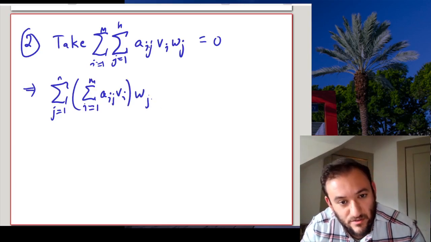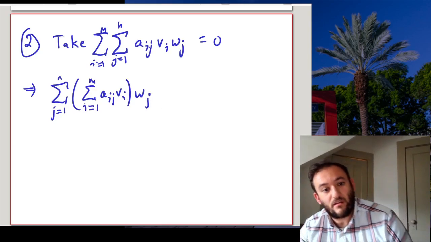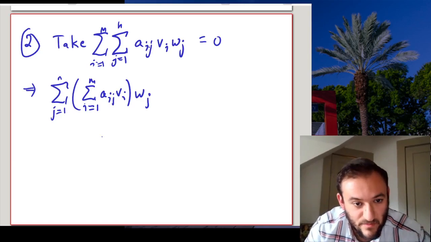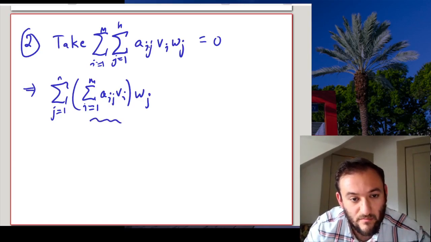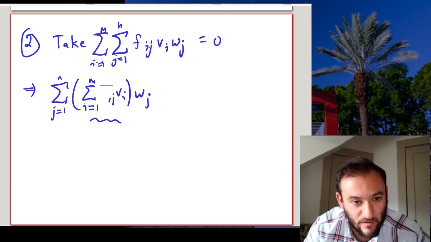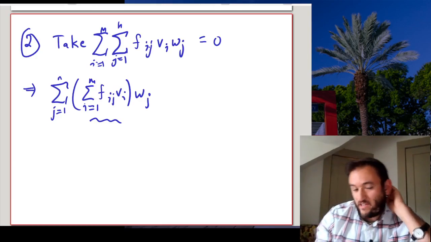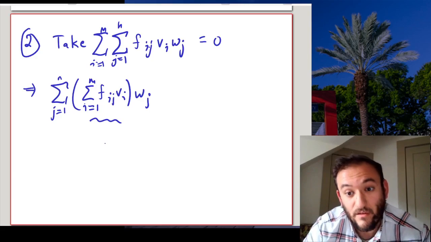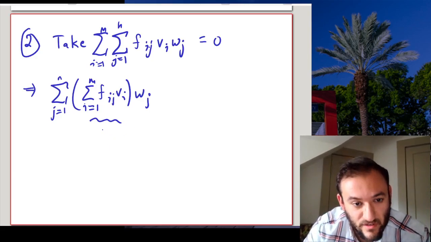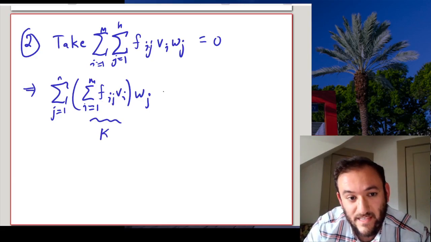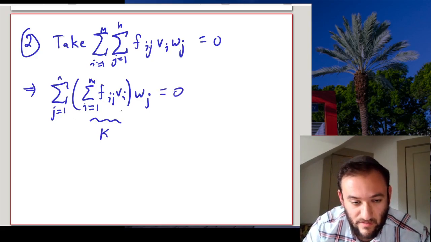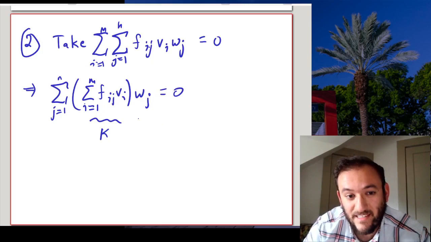Okay, so now this is a straightforward linear combination. These aij should be in F, because we want to remember that these are elements of F. Because aij is in F and Vi is in K, this is going to be in K. So if this is 0, this is a linear dependency over K.